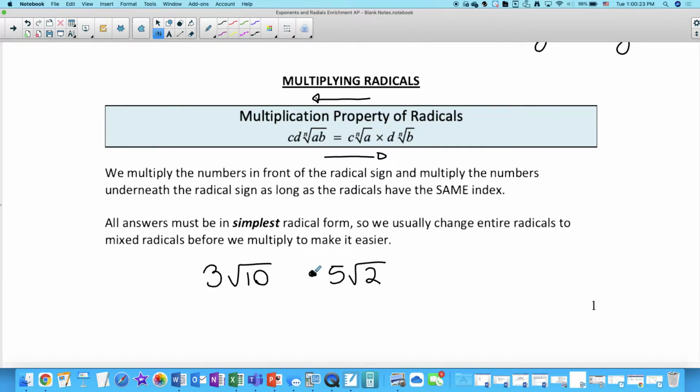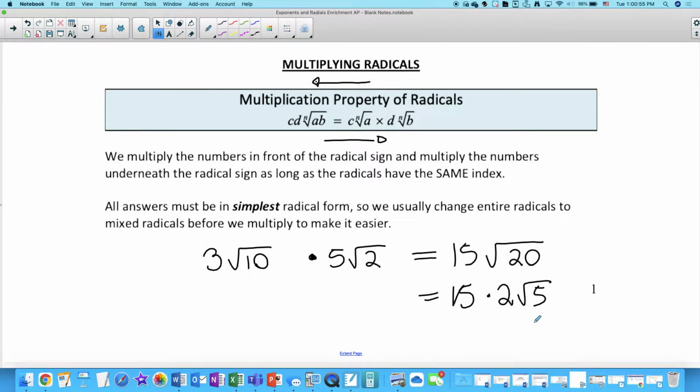But when I multiply these together, 3 times 5 is 15, times the square root of 10 times 2, which is 20. This can now be simplified. 20 is 4 times 5, so I can pull a 2 out, and there's a 5 left over. If you need to do prime factorization to get from here to here, that's totally fine. All together, I have 30 square root of 5.